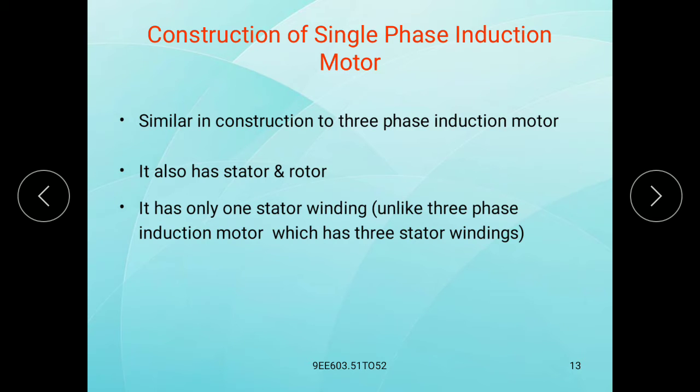It has only one stator winding, unlike a three phase induction motor which has 3 stator windings. So in three phase we use 3 stator windings, but in single phase we use only one stator winding.